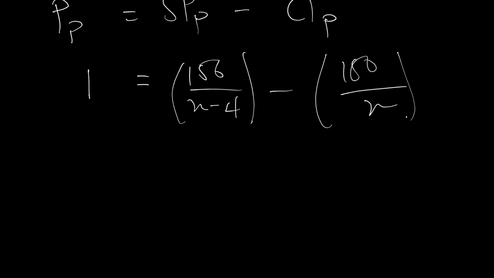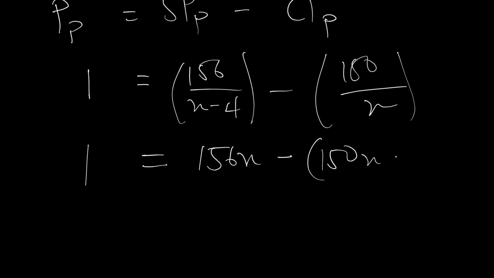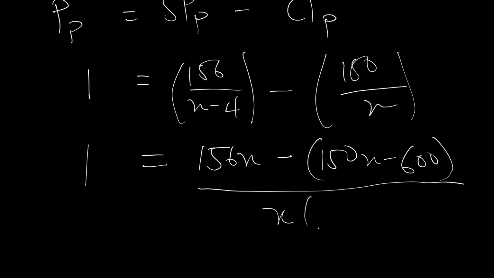Now to get rid of the fraction, we multiply through by our LCM. And our LCM here will be x multiplying x minus 4. So this can be written as 1 is equal to 156x minus 150x minus 600 all divided by x multiplying x minus 4.